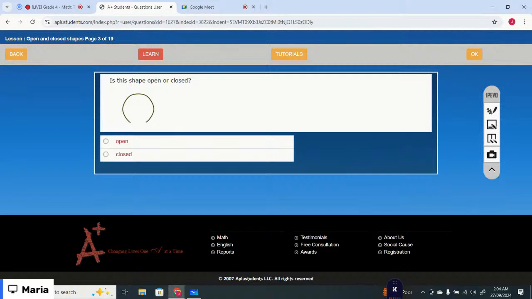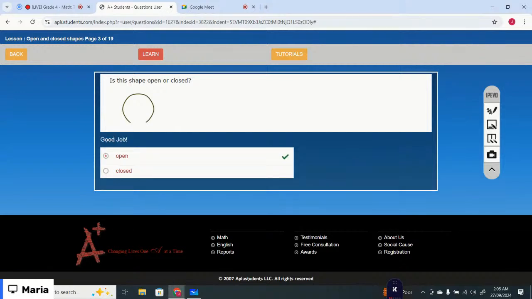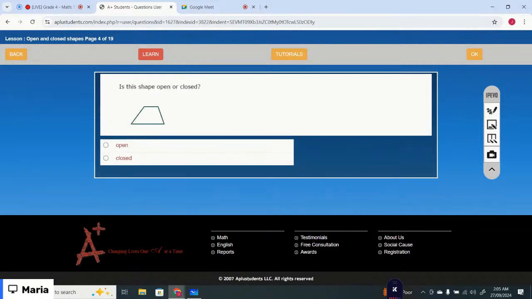The correct option is open, right? This shape is open. Okay, the next one: is the shape open or closed? The correct option is closed shape. That is a closed shape.